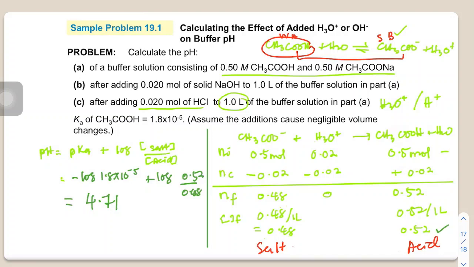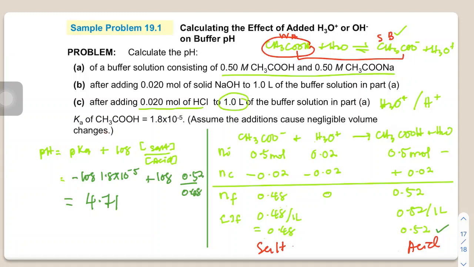So if you look at this question, we have completely calculated the pH of the buffer system before the addition of any acid and base, and then we have calculated the pH after we add solid of the sodium hydroxide and solid of the HCl, in which in this question we have to assume that the addition causes negligible volume changes.